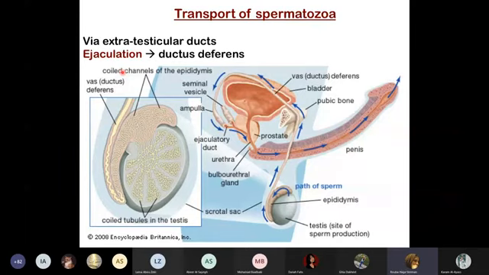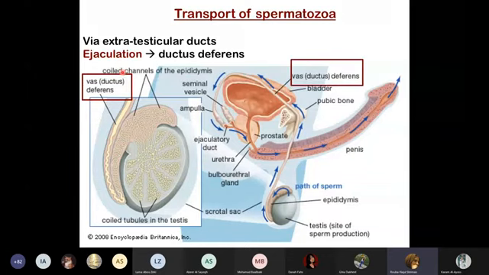So from the tail, they move through the vas deferens. Then they reach the ampulla. Then from the ampulla, they move to the ejaculatory duct. Then they move to the urethra so that they are released outside of the body.